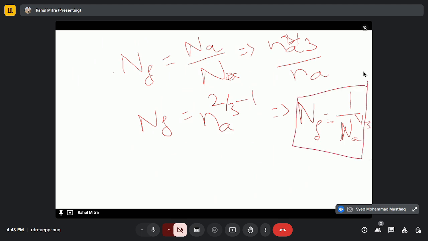So this is our relation, and this is how we define the fraction of atoms that are on the surface. And if we multiply this fraction into 100, that will give us the percentage of atoms on the surface.